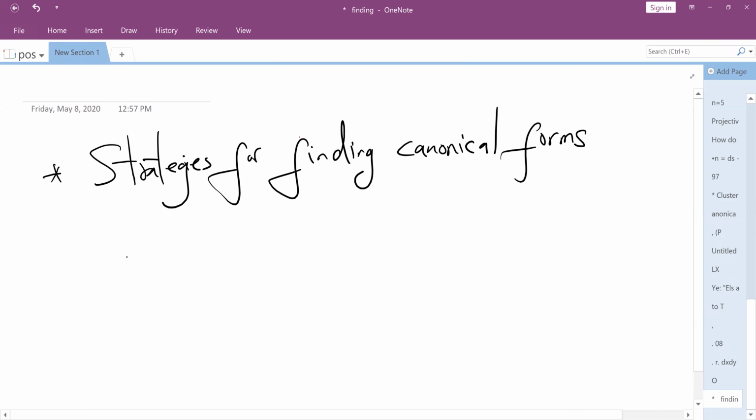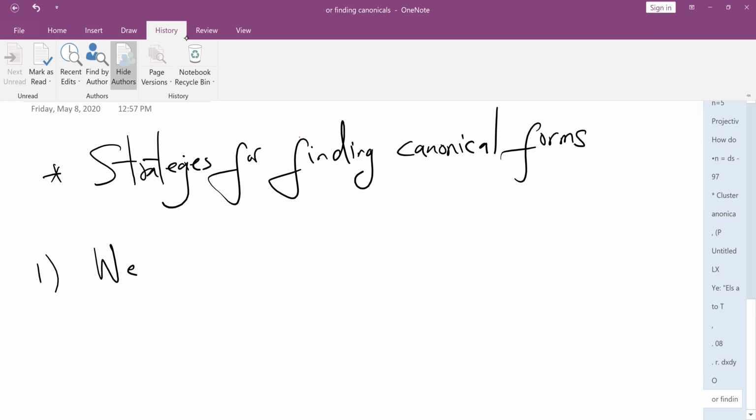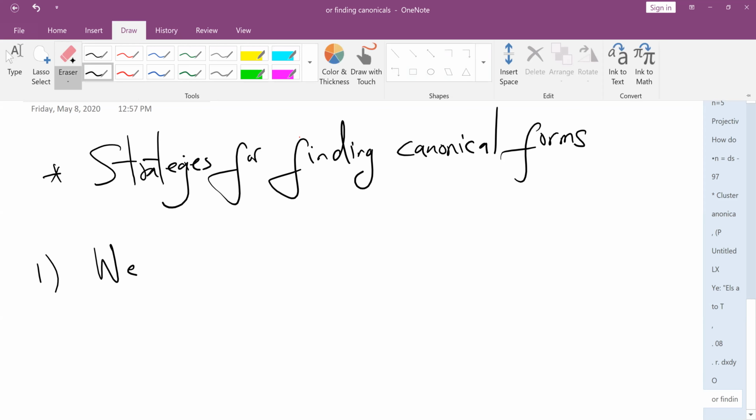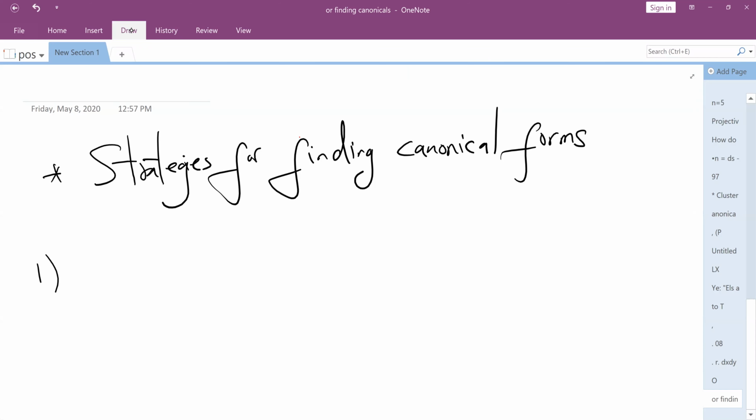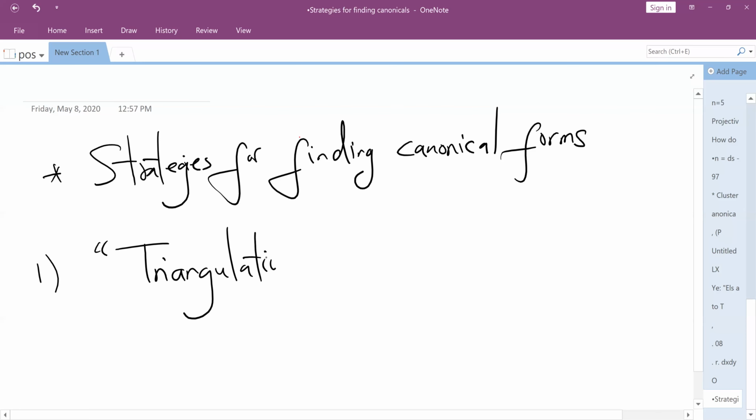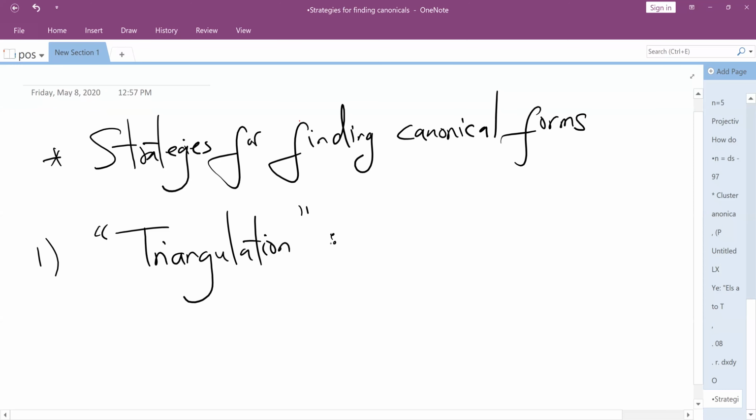So one strategy, strategy number one, you can call triangulation. We know, for example, we saw that we know the canonical form for a triangle.